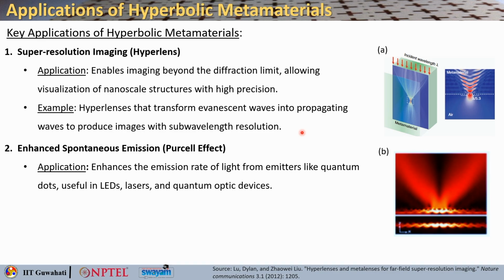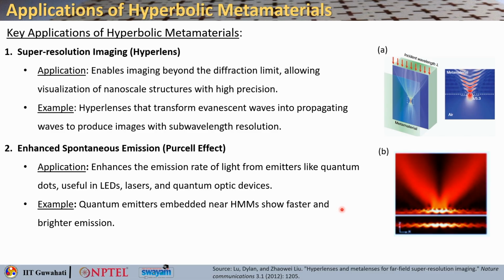You will also see that they support enhanced spontaneous emission, that is the Purcell effect. They can increase the local photonic density of states, and that will allow you to enhance the emission rate of light from emitters such as quantum dots, useful in LEDs, lasers and other quantum optic devices.